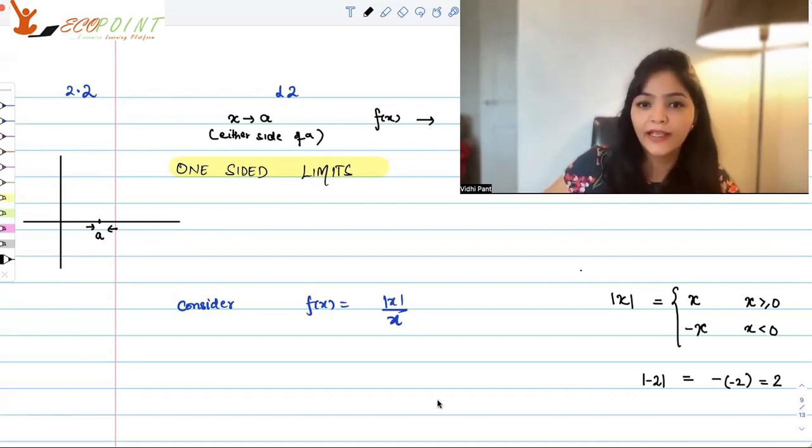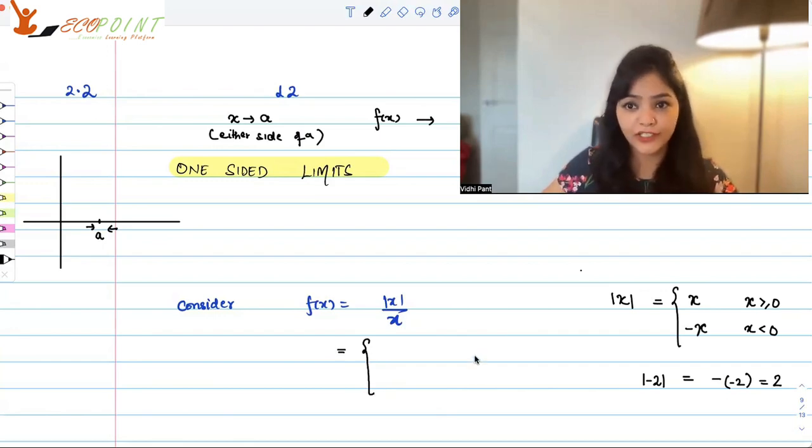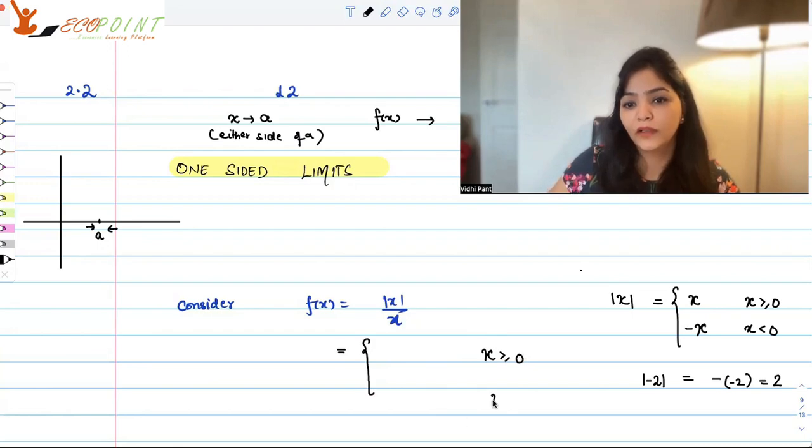So recall that. Knowing that this function will be equal to, since I can break modulus of x in terms of x being greater than or equal to 0, x being less than 0, so I can break this function as well. So let's create these subdomains.